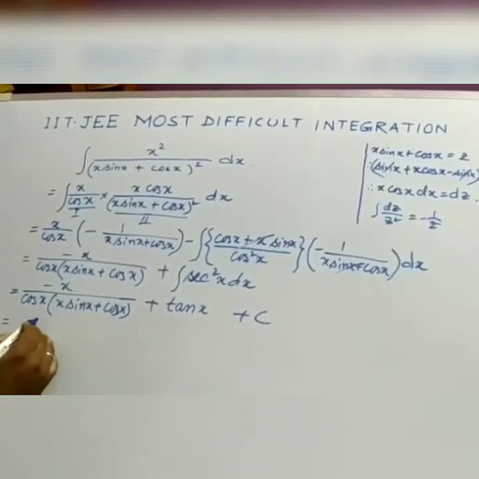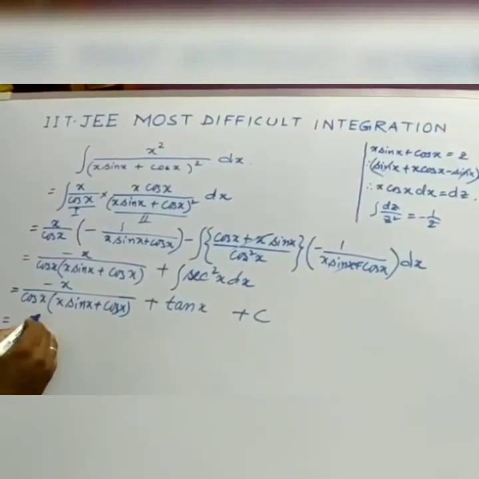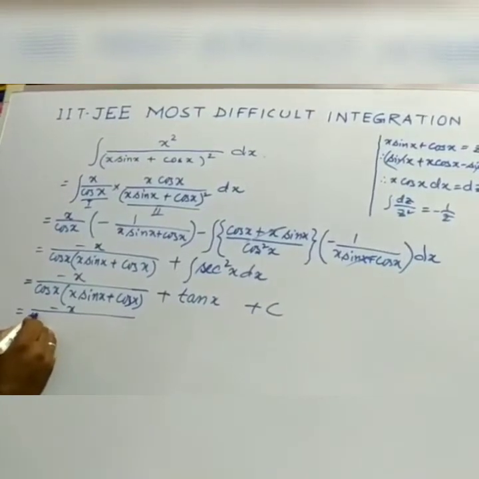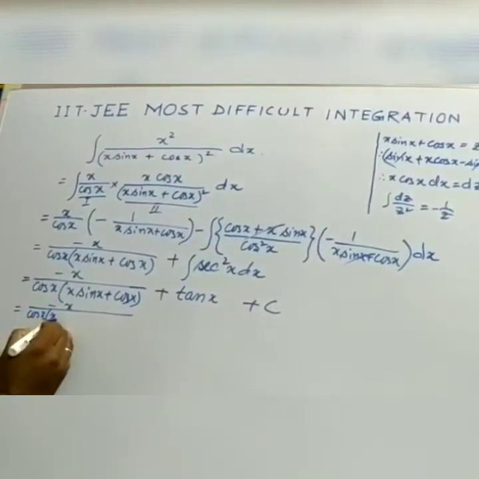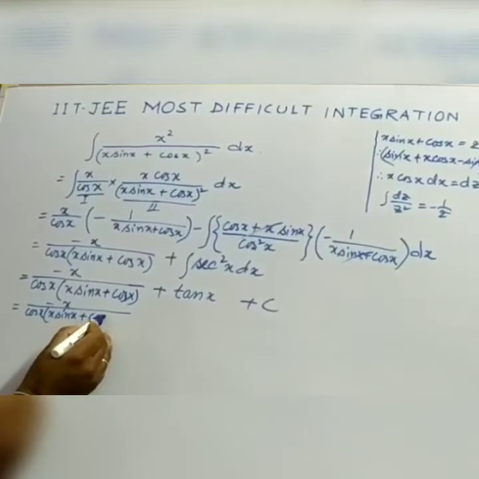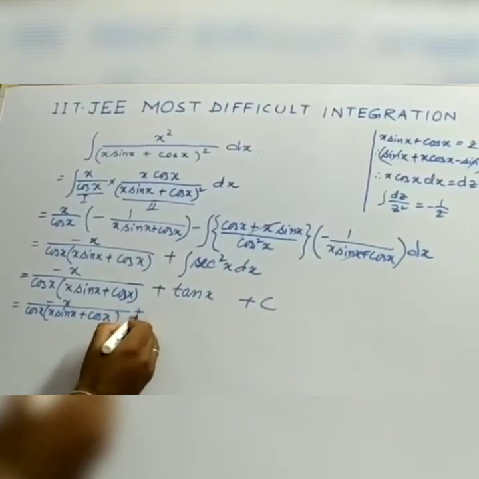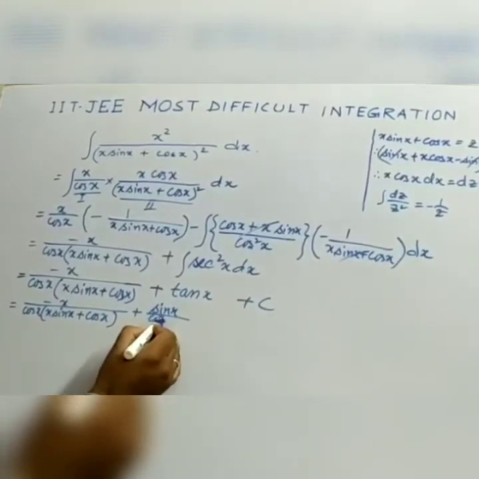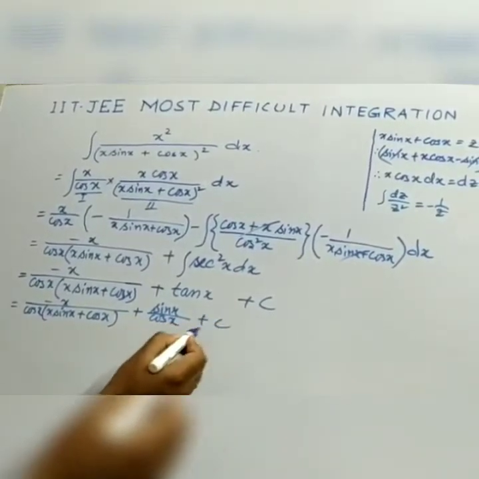The first part remains the same as minus x by cos x into x sin x plus cos x, and this part can be sin x by cos x plus c.